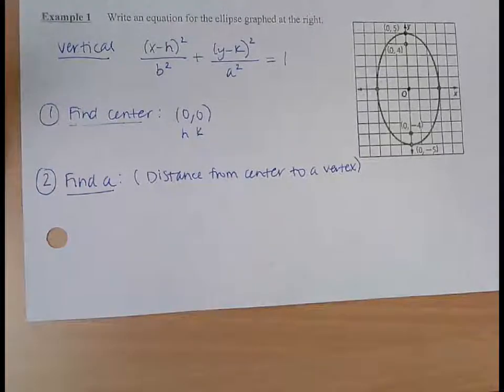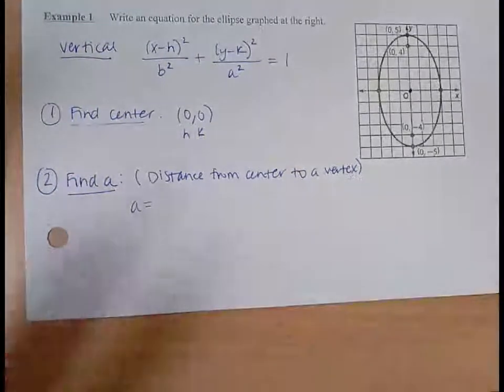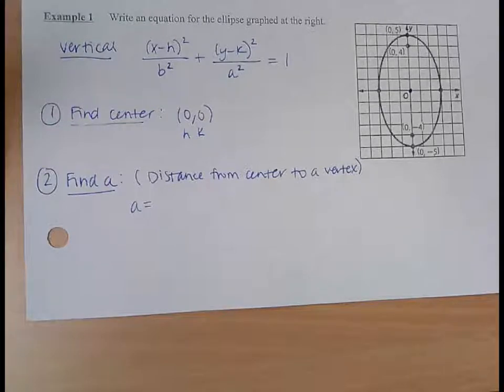Okay, so if you know the center and then you know one of the vertices, in this case we know both, you can just find the distance from the center to a vertex. That is your a value. And that could be done by using the distance formula between the 2 points, or if you have a graph, just by counting the units. So in this case, what would the value of a be? What would the distance from the center to a vertex be?